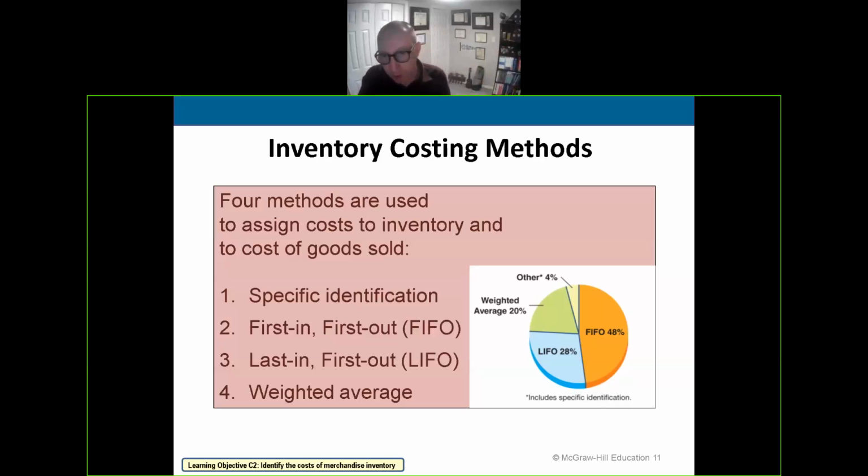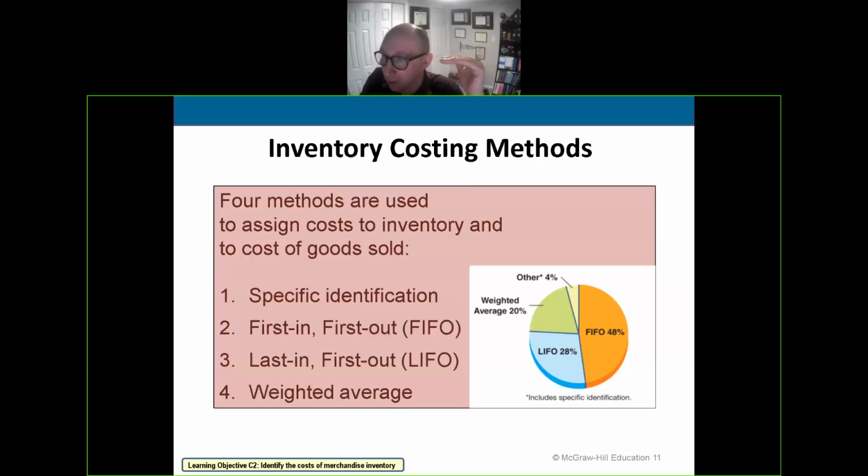And then the fourth one is called weighted average. About 20% of companies throughout the world use weighted average. Weighted average represents the average cost of the inventory throughout the time period. Okay. The way it works is that I can make multiple purchases of inventory throughout the year from my vendor.